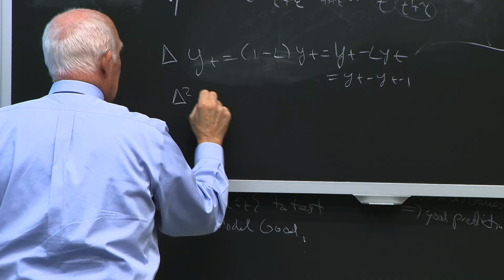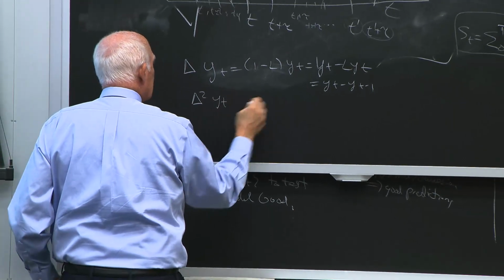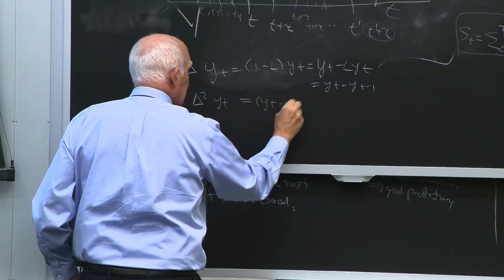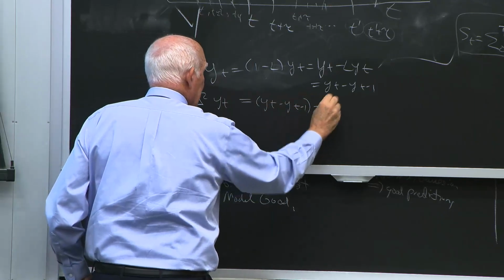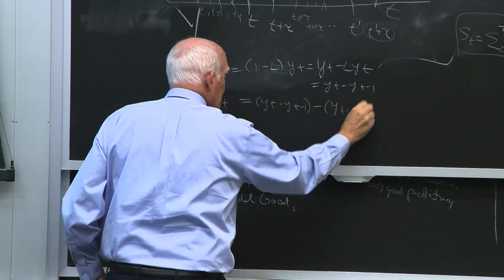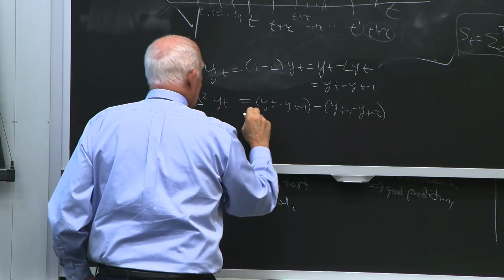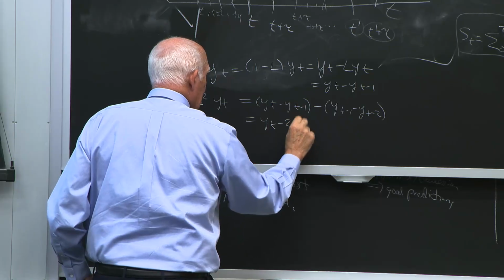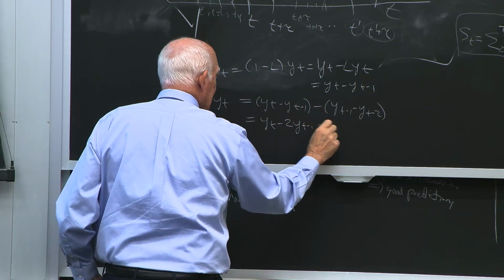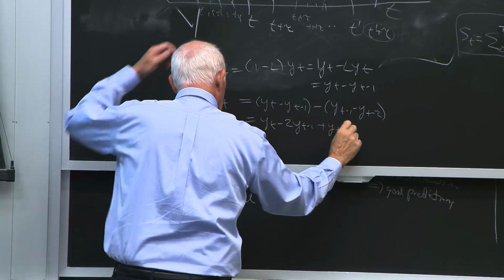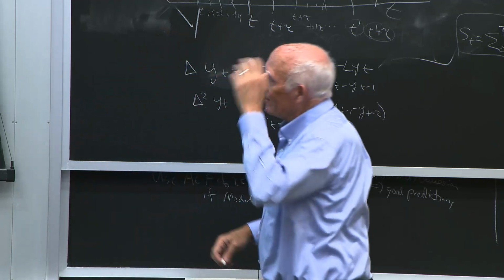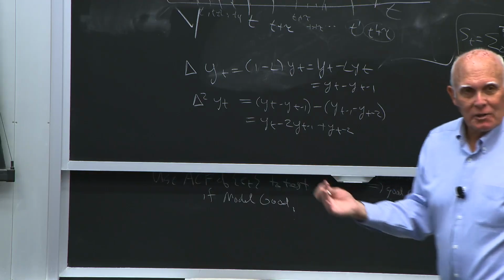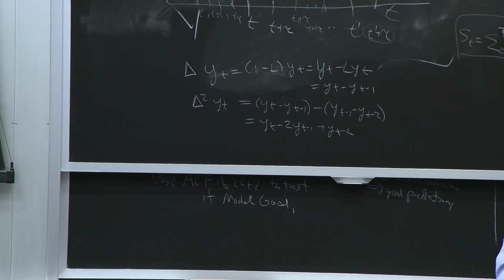If we apply the first difference again, we end up getting (y_t minus y_{t-1}) minus (y_{t-1} minus y_{t-2}), and this turns out to be equal to y_t minus 2 y_{t-1} plus y_{t-2}. There could be kth order differencing, but in practice we'll generally only use first or second order differencing.